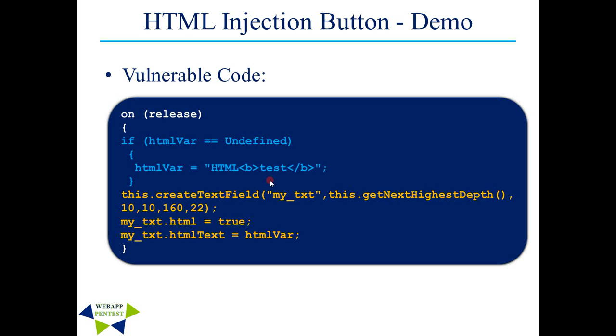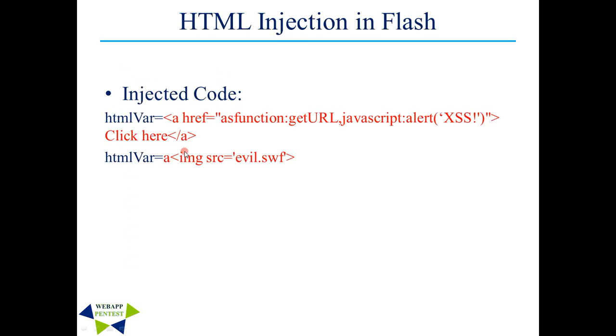Now let's look at how we can carry out the HTML injection in the Flash application using this vulnerable code. From this code, we know that we have a global variable which is not defined, by the name HTML_var. In this slide, we have the code that we will give in the HTML_var parameter to carry out the HTML injection. The first piece of code is HTML_var equal to a href equal to asfunction colon getURL comma javascript colon alert XSS.